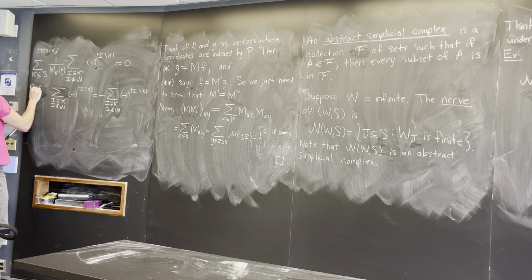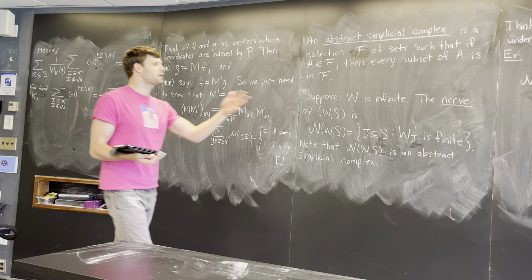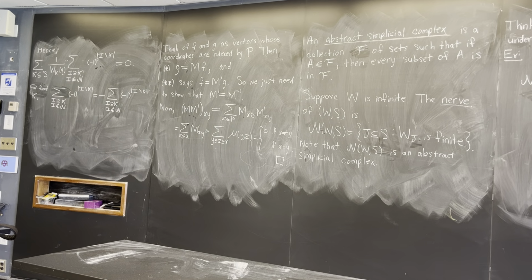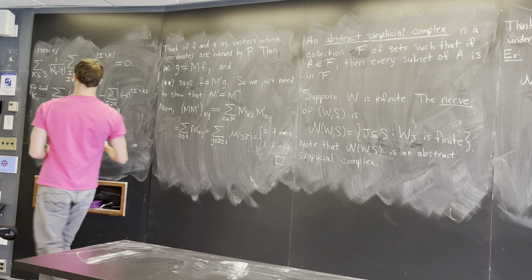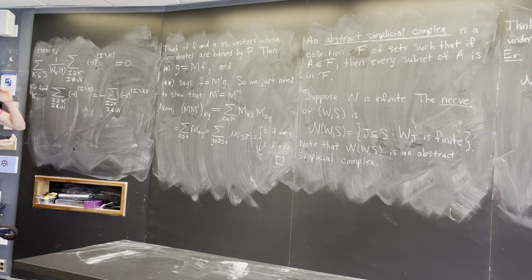this is for fixed k. I'm looking at this, but then I'm just summing over a Boolean lattice of -1 to the size of I minus k. Essentially I'm using an isomorphism with a Boolean lattice of subsets of I minus k.